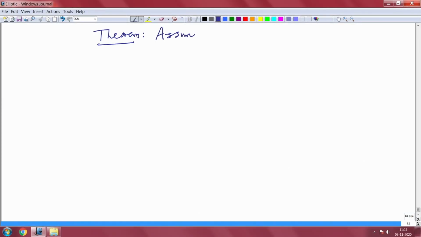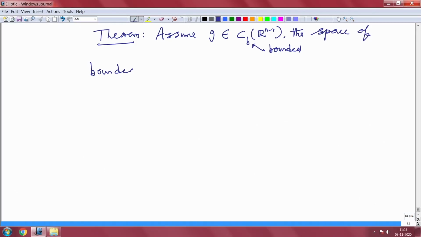So, I am stating: assume g is in C_b of R^(n-1), which means it is a bounded continuous function. This is the space of bounded continuous functions.